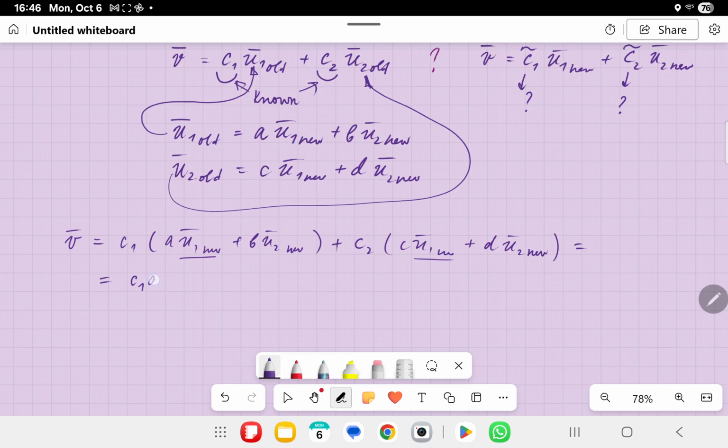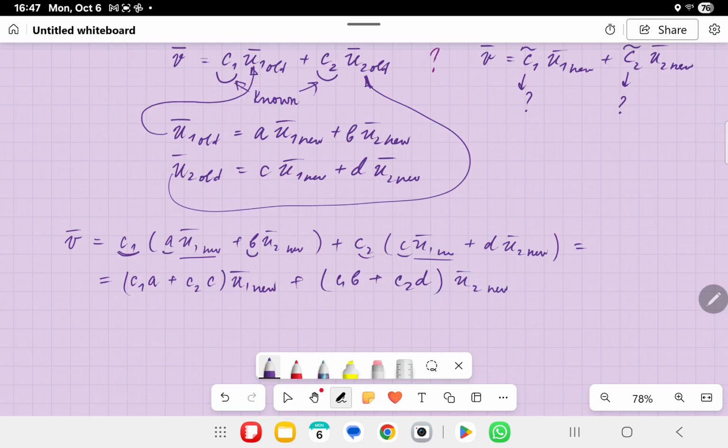It's going to be C1a plus C2c, multiplied by u1 new, plus now C1b plus C2d, multiplied by u2 new, right?